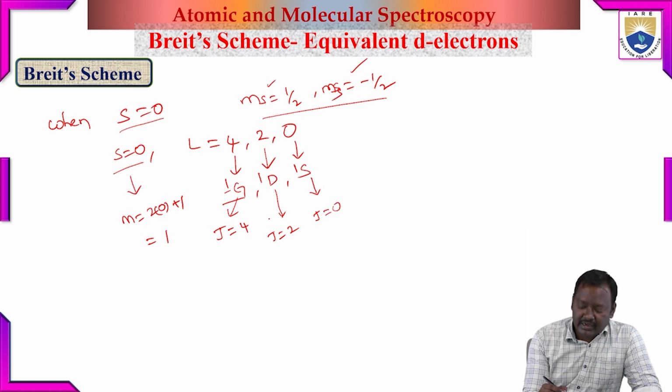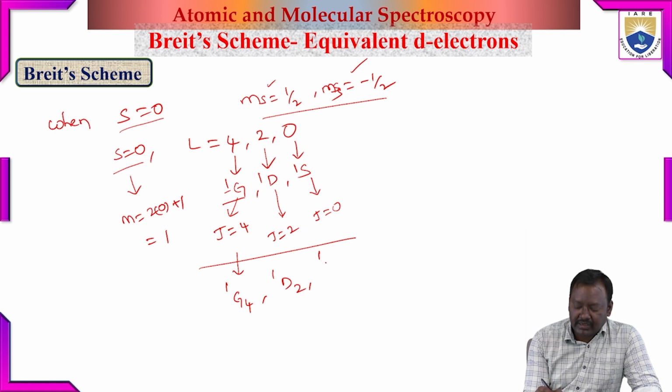So we can rewrite these spectral terms along with the J values. So 1G4, 1D2, and 1S0.